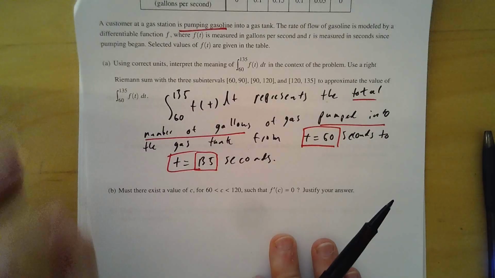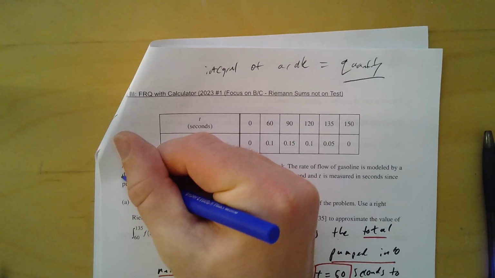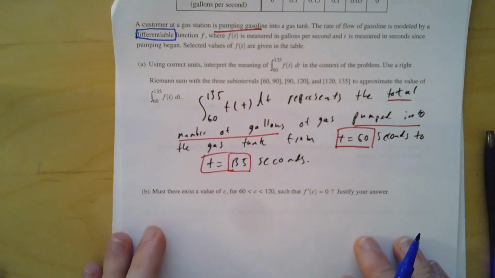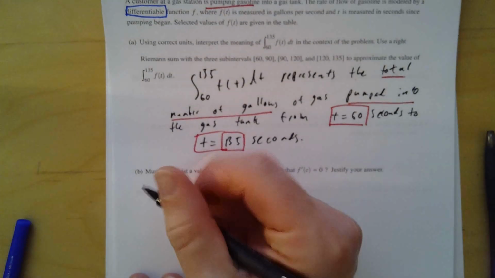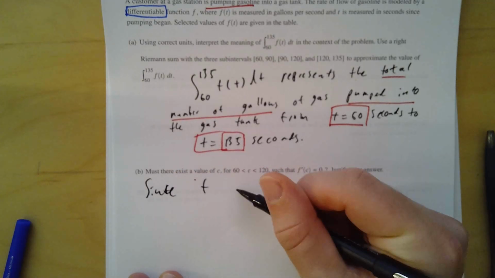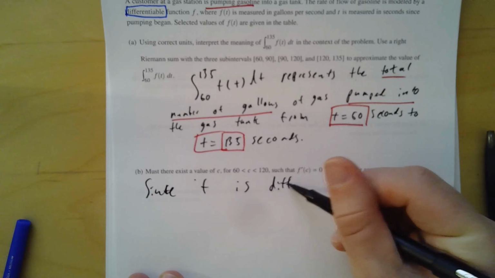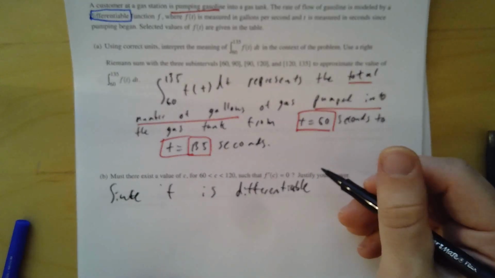So with mean value theorem, you have to look at your conditions. It says differentiable, and that's key. You have to name that. So here we're going to say, since f is differentiable, we know it's continuous.